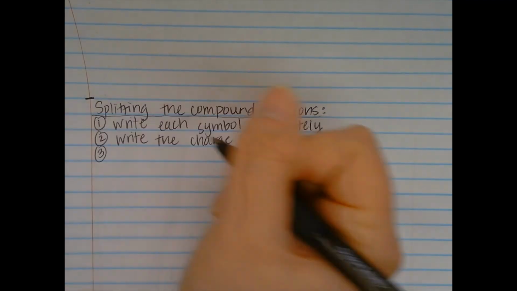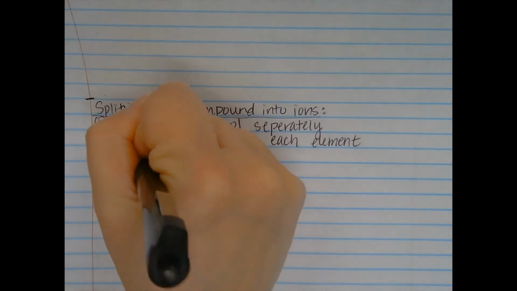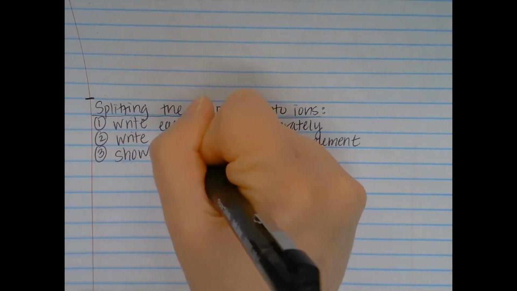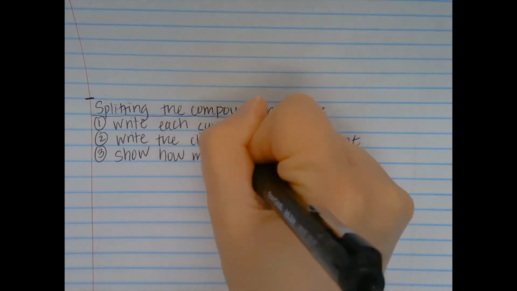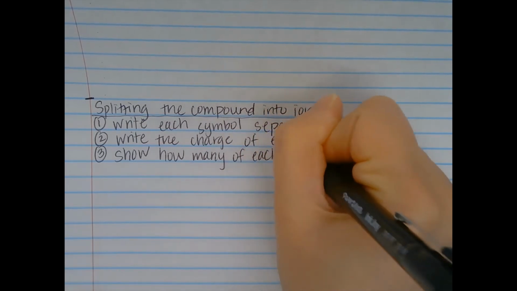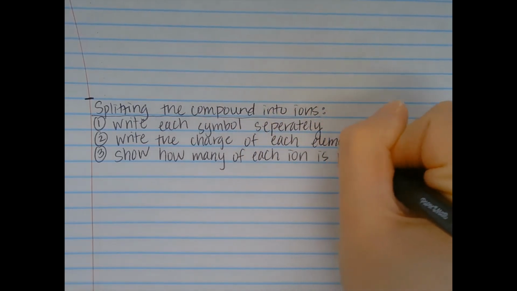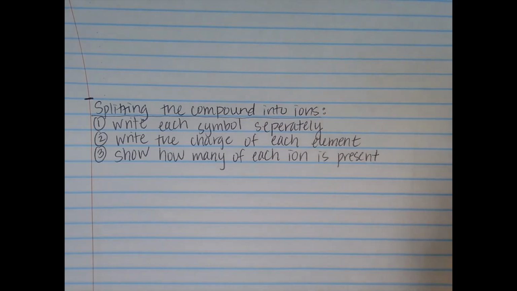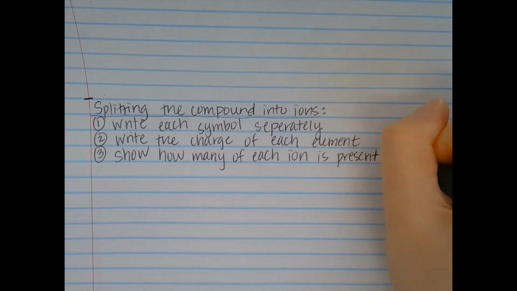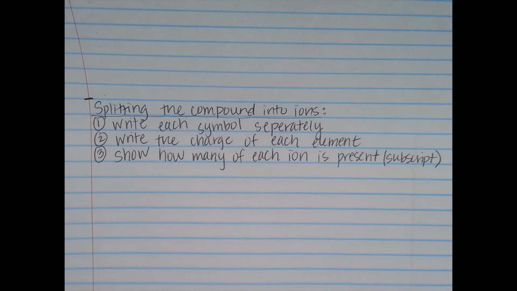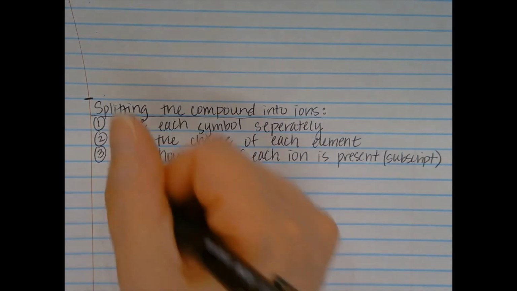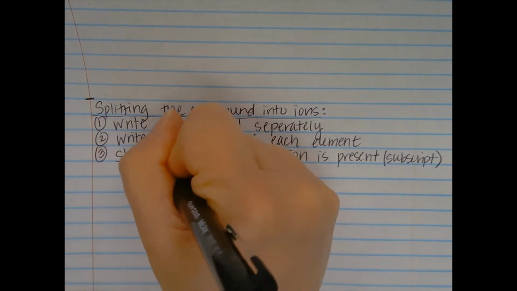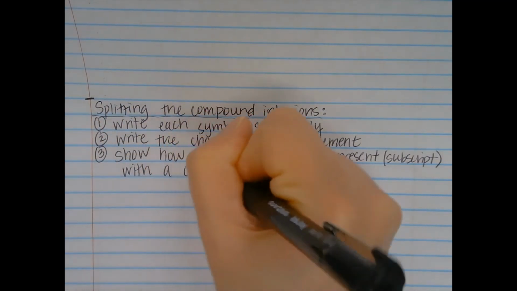And then number 3, show how many of each ion is present. Okay, and we know how many are present because it comes from the subscript. So in parentheses, I'm going to write subscript here because that's how we know how many are there. So show how many of each ion is present with a coefficient.